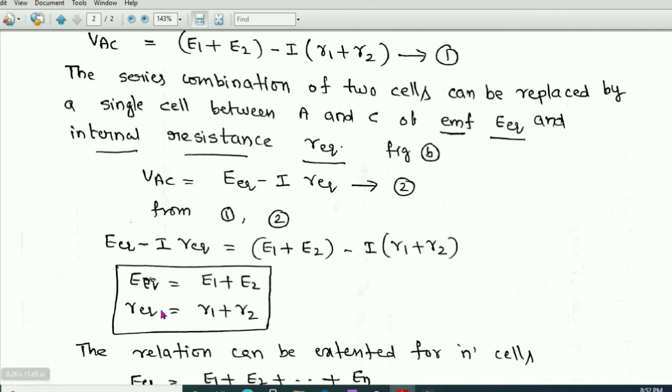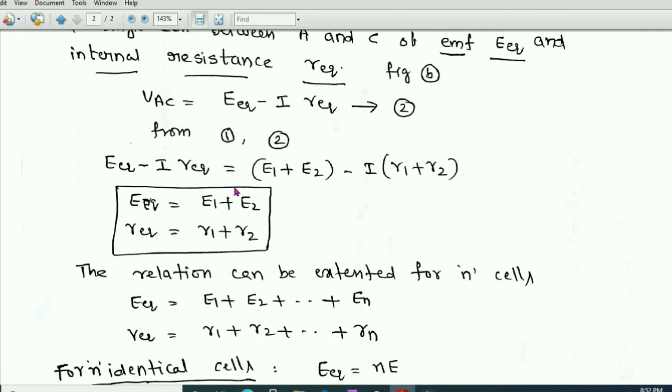This we have written for two cells. If this relation is applied for n number of cells, it can be written as EEQ is equal to E1 plus E2 plus and so on plus En for n number of cells. Similarly, if you write the internal resistance for n number of cells, REQ is equal to R1 plus R2 plus and so on plus Rn.